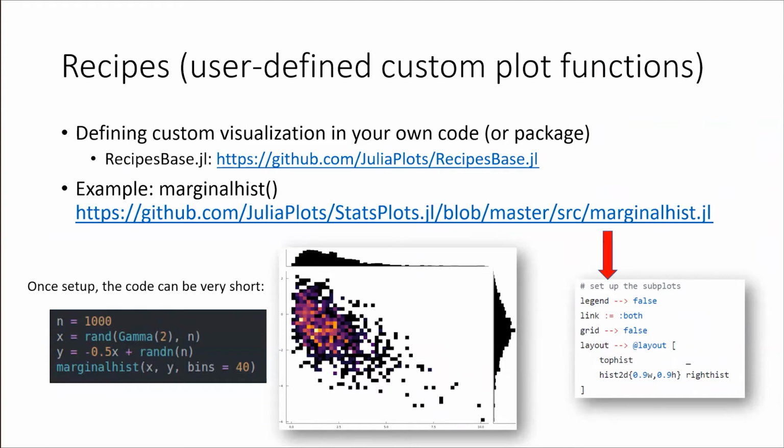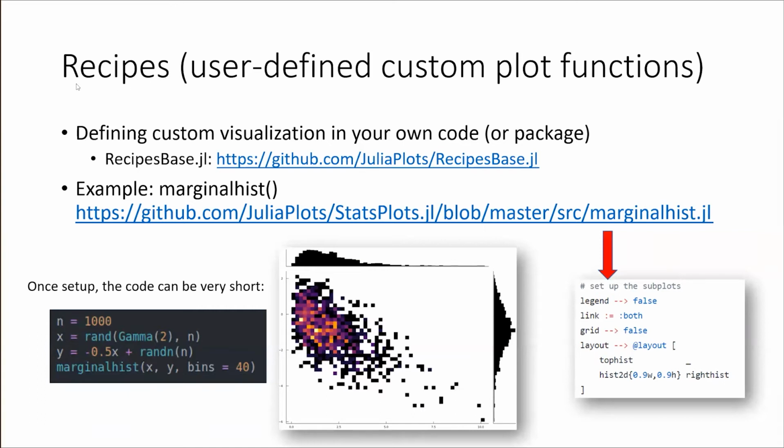Like I mentioned earlier, if you find yourself making the same kind of plots again and again, and I think most of us do, when you do a certain type of analysis you always create similar plots, maybe in your field, then once you become familiar with the Julia plotting mechanism, you can consider something called a recipe. A recipe is a mechanism built in as part of the Julia plotting infrastructure.